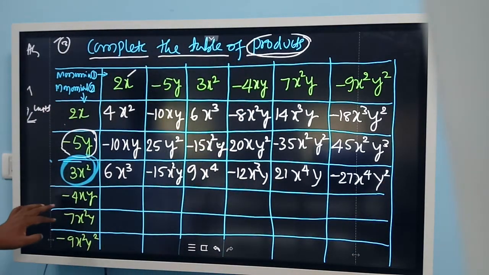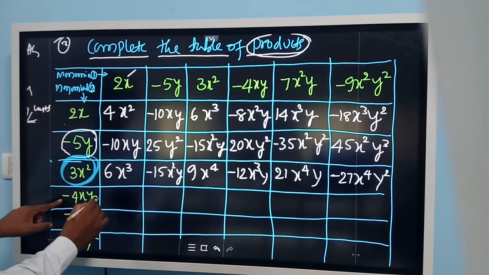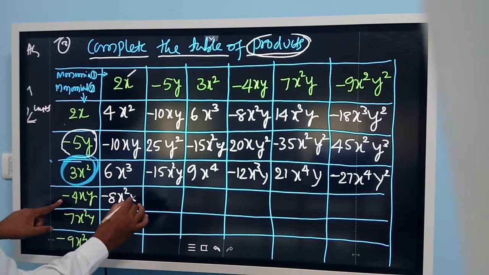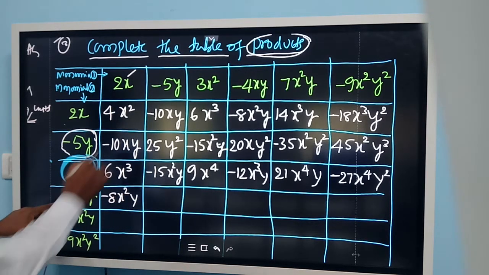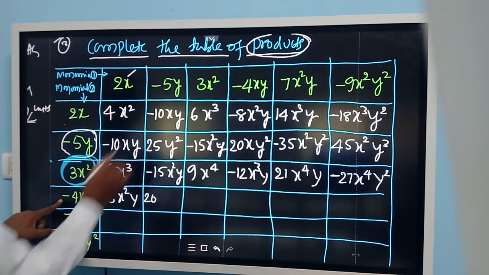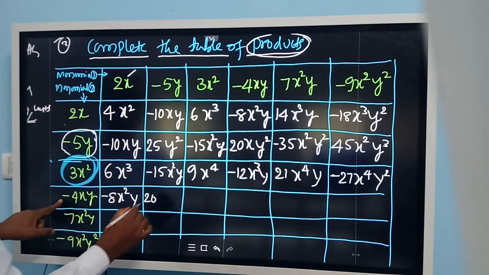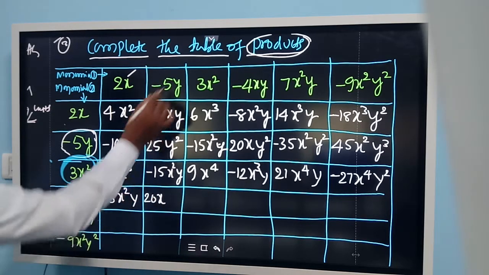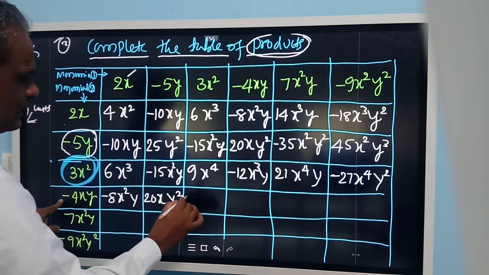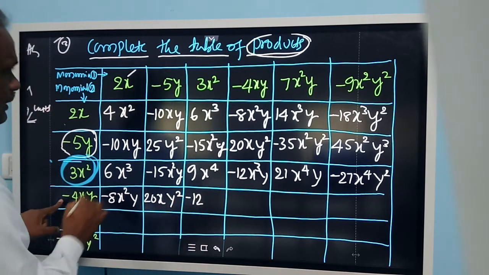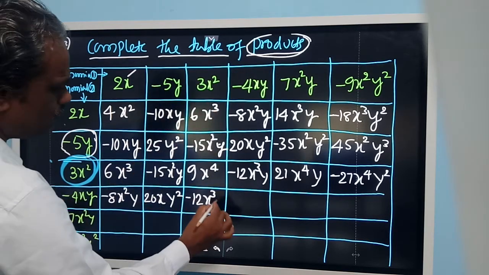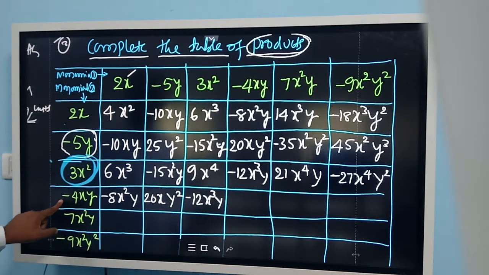Okay. Like this, again you come to this one, minus 4 into 2, minus 8, x into x square, y, only 1, write as it is. Minus into minus, plus, 4 5s are 20, x we don't have there, you write x as it is, y into y square. Minus 4 into 3, minus 12, x into x square, it is x cube, y, only 1, you write as it is.